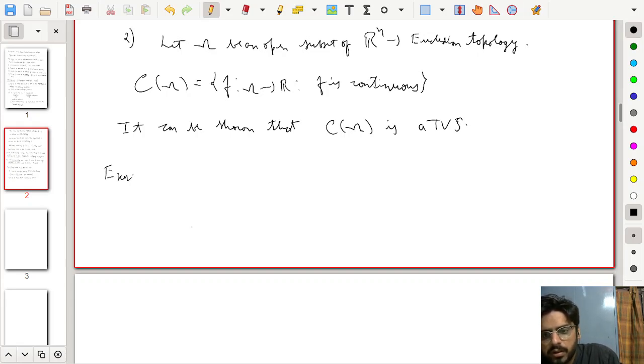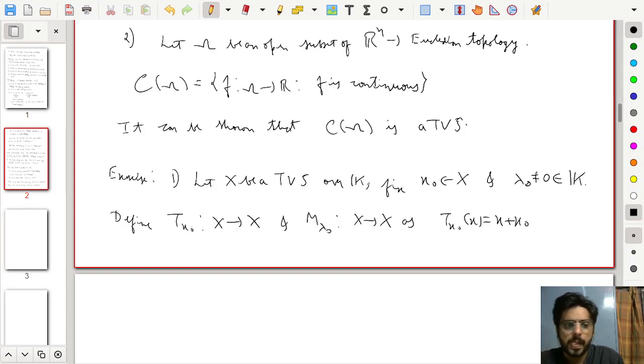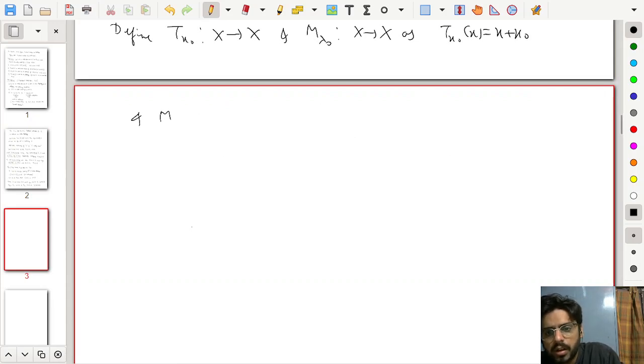Exercise. Let X be a TVS over K. Fix x naught in X and lambda naught not equal to 0 in K. Define T_x0, a map from X to X, and m_lambda0, a map from X to X, as T_x0 of x equals x naught plus x, and m_lambda0 of x is defined as lambda naught times x.